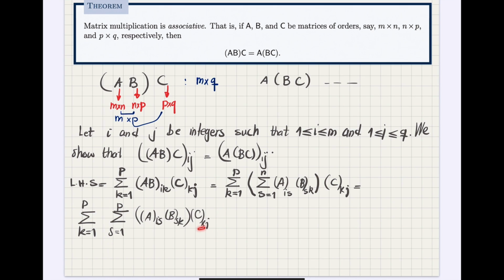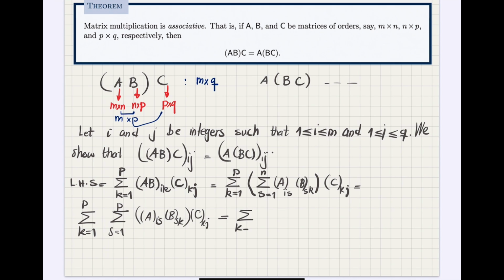But here it is crucial to put a pair of brackets around them because this is already there and I am flipping this. In principle I have to find this product first, and when I found it I have to multiply by the coming number. But this is not crucial here because these are numbers and multiplication of numbers is associative.